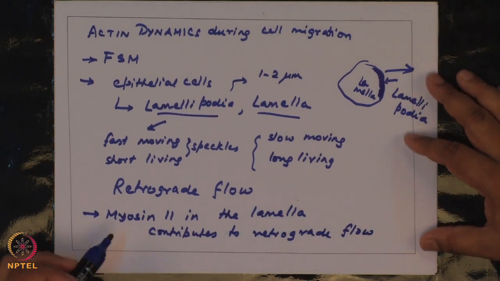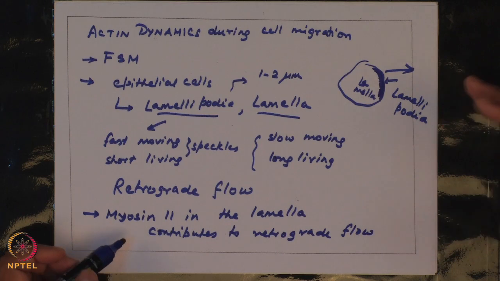If you treat cells with blebbistatin, which is a myosin II inhibitor, then the retrograde flow in the lamellar region is eliminated, but the retrograde flow in the lamellipodial region still exists.